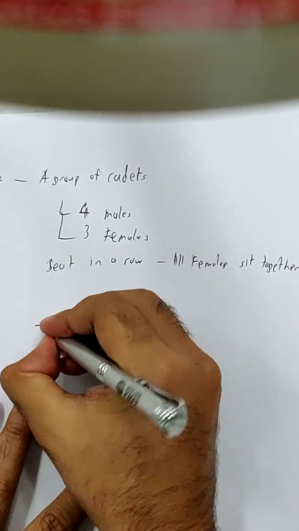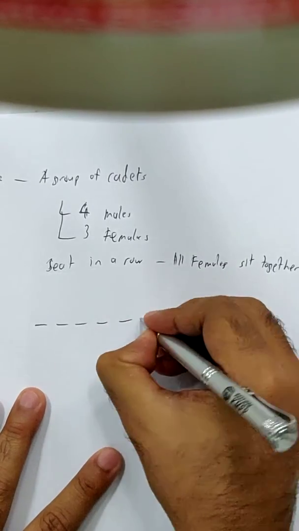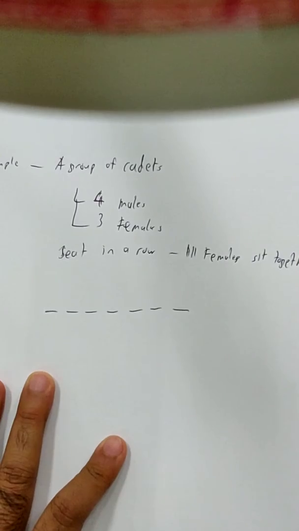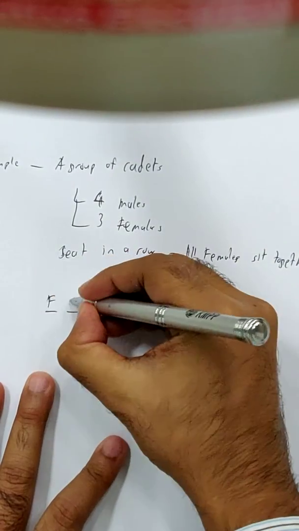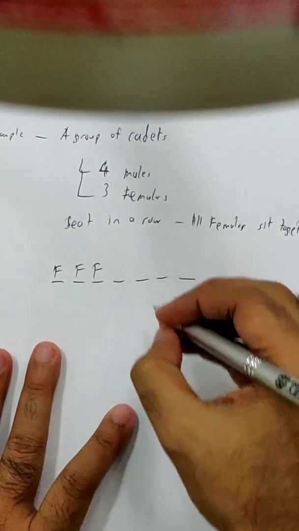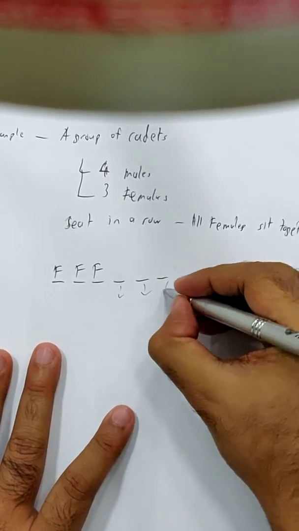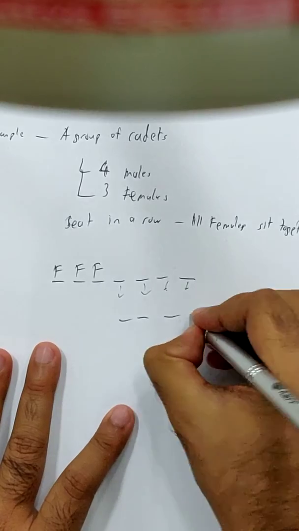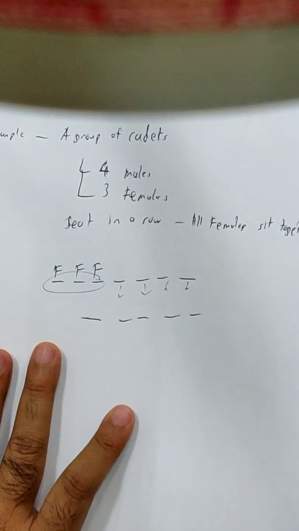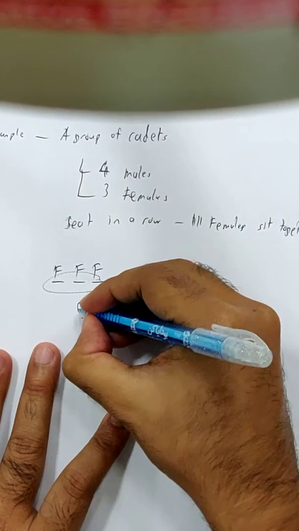Okay, so 1, 2, 3, 4, 5, 6, 7. I have 7 places. Where does the female sit? F, F, F. Okay, then what do I do? I take down the other things as just now. 1, 2, 3, 4. These 3, I make it into 1 group. So we call it group of F.